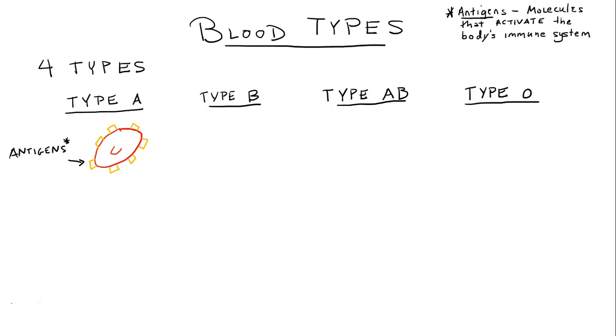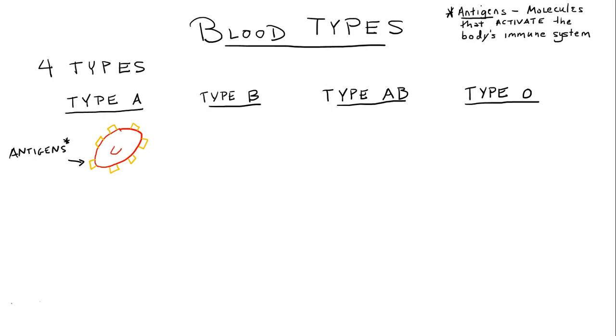Of course, if you have type A blood and you have the type A antigens, they're not going to attract or activate your immune system because they're considered to be self. But if that blood gets transferred into somebody else's body, then the type A antigens will activate that body's immune system.